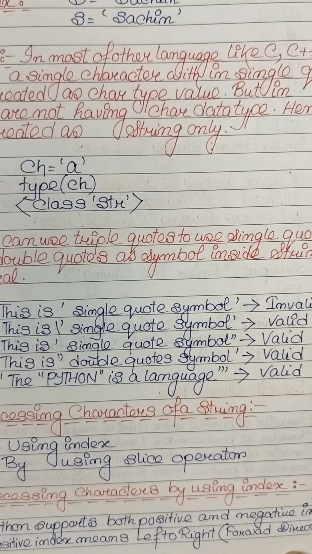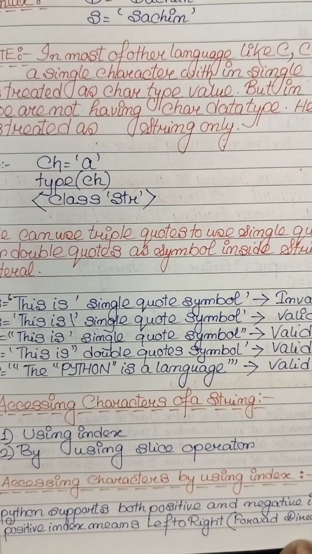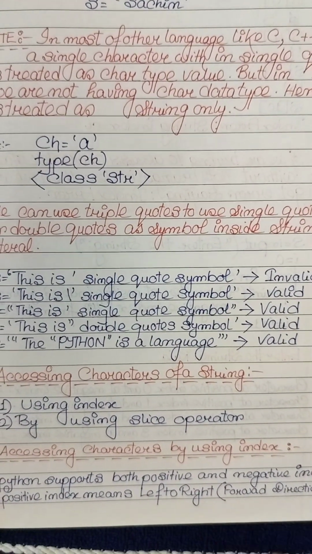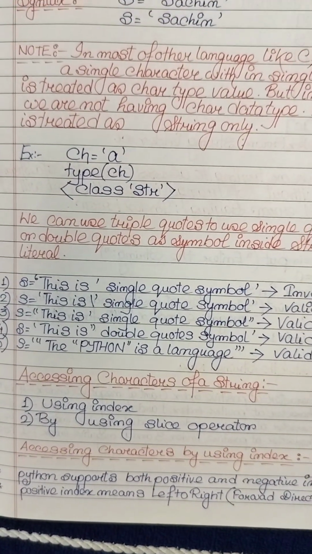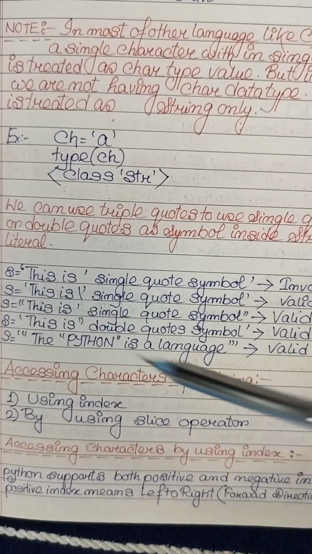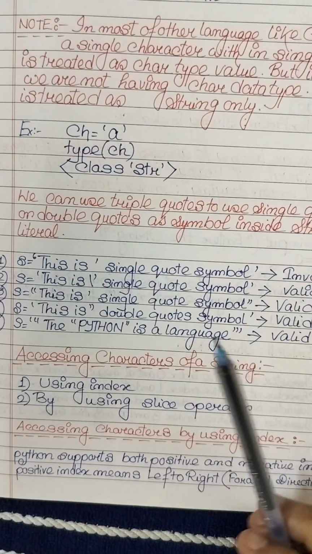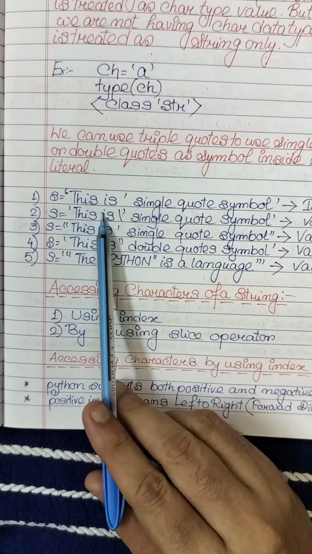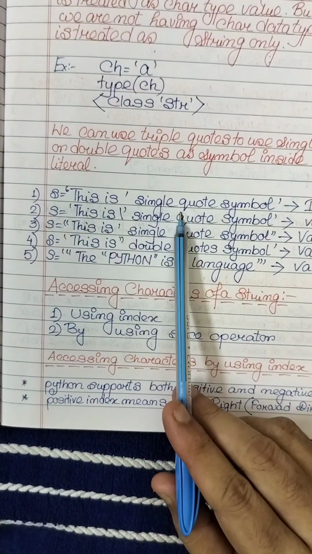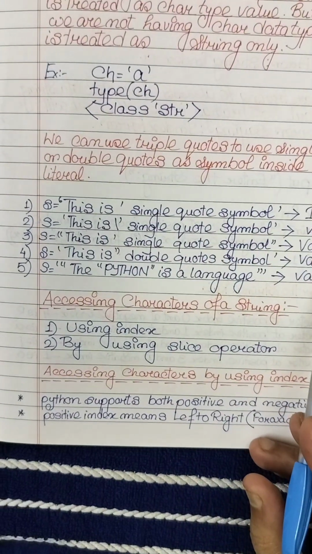We can use triple quotes to use single quotes or double quotes as a symbol inside a string. Now there are some examples. S is equal to 'this is single quote symbol' with single quotes is invalid.